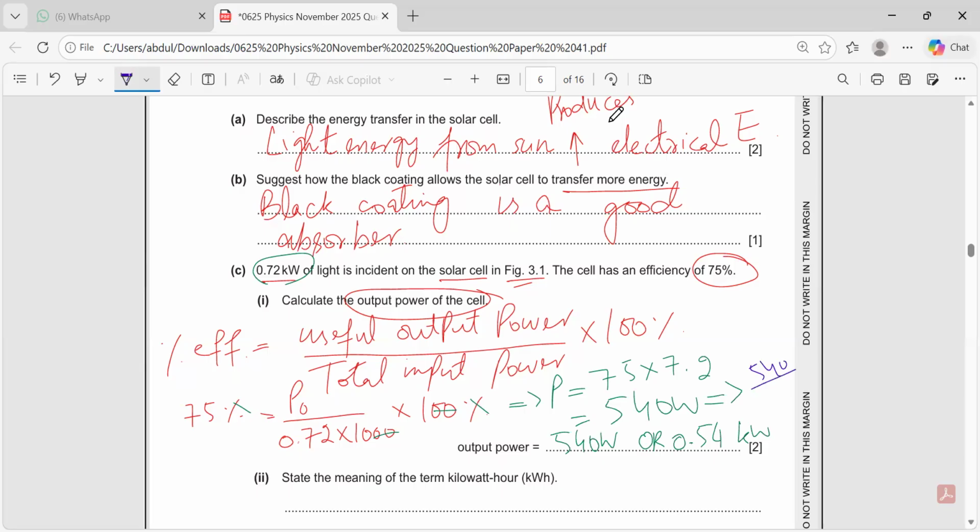So 540 divided by 1000 will be equal to 0.54 kilowatt. Okay, so 0.54 kilowatt.